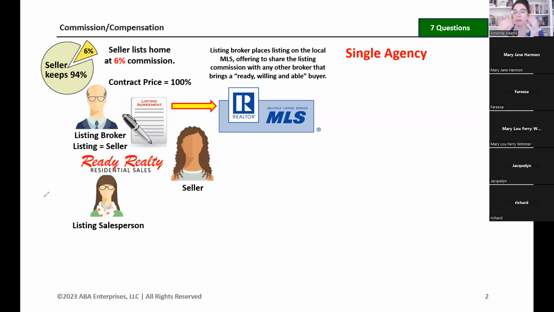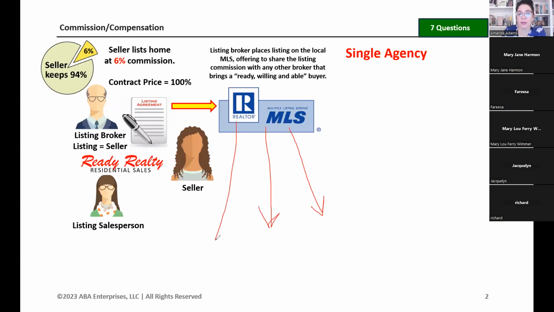Have you ever noticed when you go between realtor.com and Zillow and all the other sites, that it's always the same houses usually? If a house is on Zillow, it's going to be on another one. Have you noticed that? Do you know why? Because the MLS feeds that to those national sites.